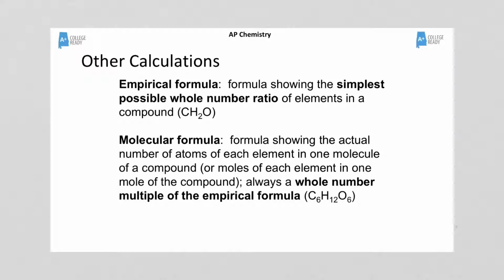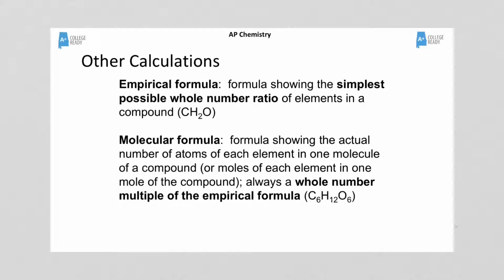Other calculations are related to moles or determining the formula of an unknown compound. An empirical formula is the simplest whole number ratio, and I'll give you an example of CH2. Those subscripts can't be reduced into any simpler form. And then a molecular formula is some multiple of the empirical formula, and a molecular formula could also be empirical.